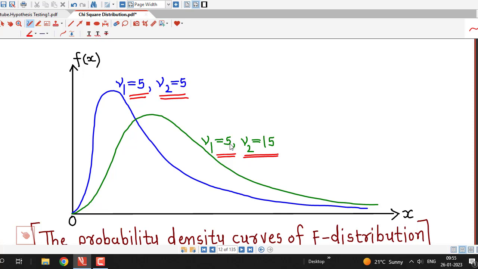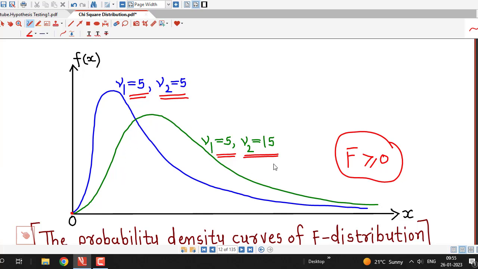So for different degrees of freedom in the numerator and denominator, we will have different probability density curves for F distribution, and again the minimum value is 0 and F values are always non-negative. So remember that F distribution takes only non-negative values.